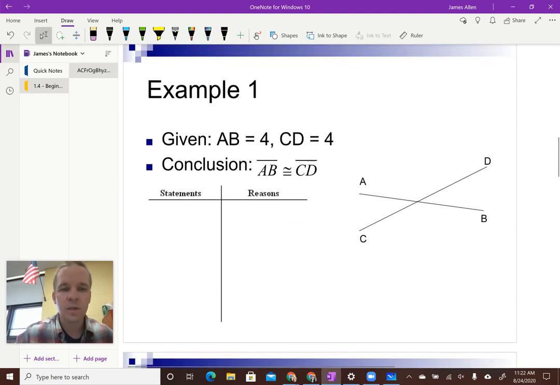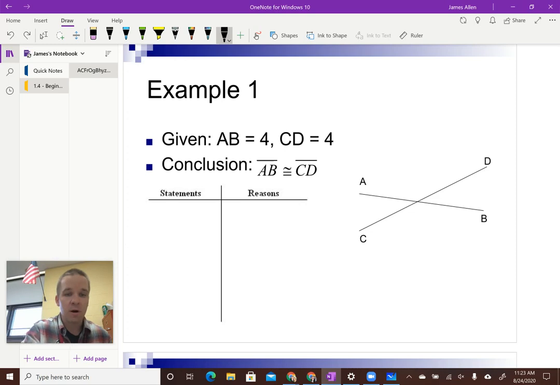Okay, so our first example, we're going to start with just numbers here to keep things a little bit easier. So our given information is that AB is equal to 4 and CD is equal to 4. Remember, when there's no segment marking up top, right? If I don't have this, then we're talking about a segment length, the distance between A and B, the distance between those 2 points.